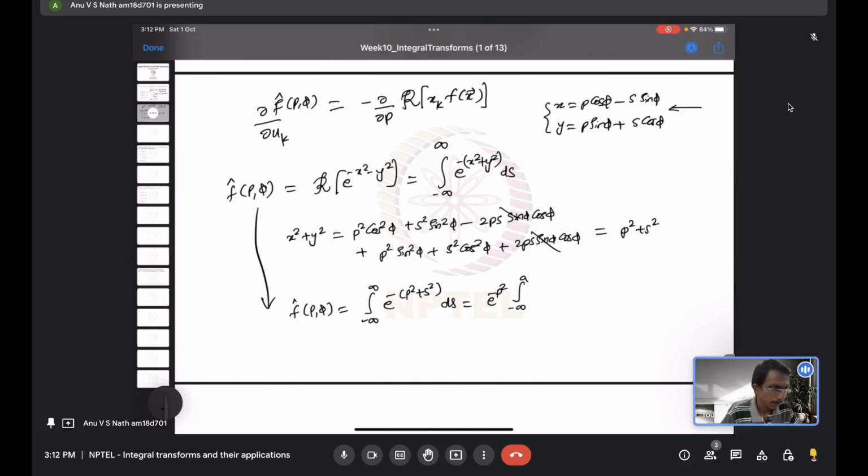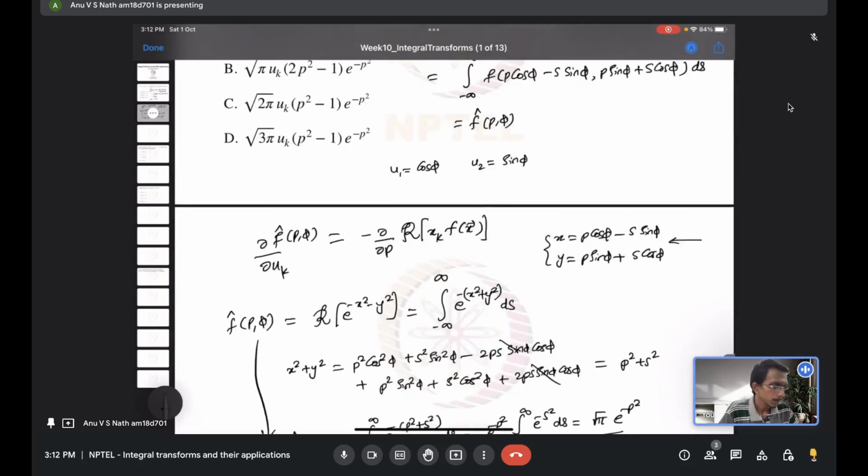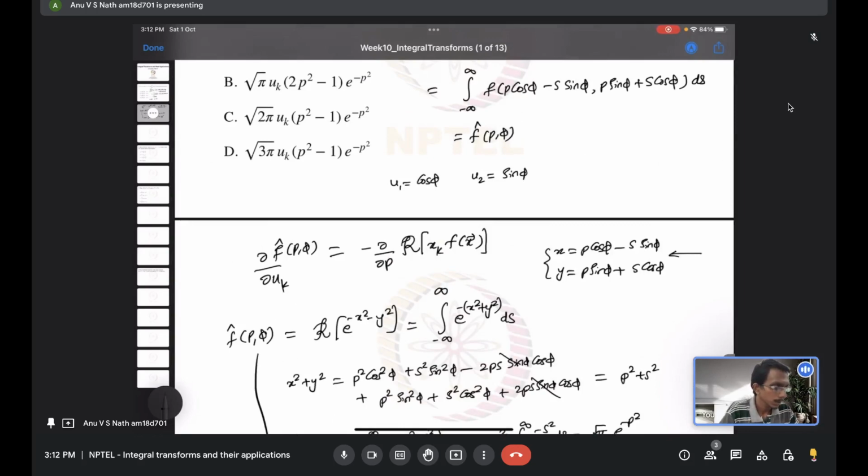The remaining integral is just a Gaussian integral, and you know the answer: it's square root of pi times e raised to minus p square. Up to this we can do, but actually to evaluate this particular problem we are using this expression.